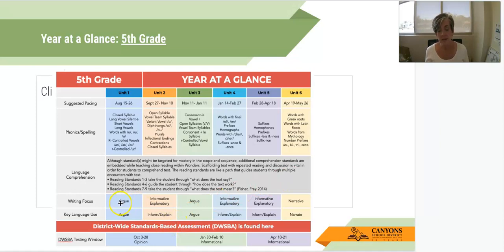You see then the writing focus for each unit, what students will be able to do there. You see a key language use that also goes with that. And then you see your district-wide standards-based assessment, which also has it outlined of what kind of assessment and what the window is for you at that time.